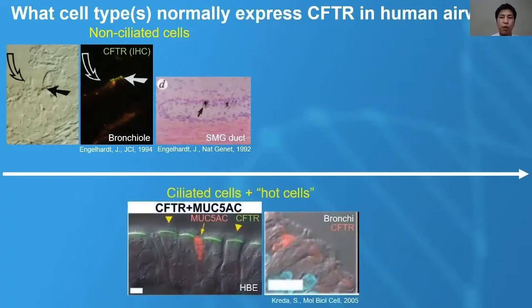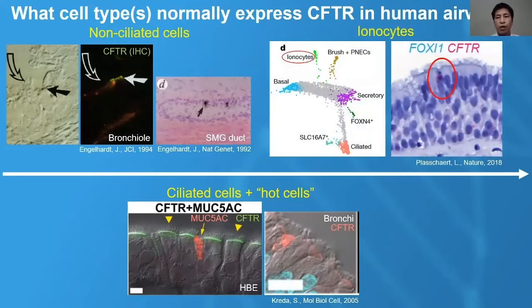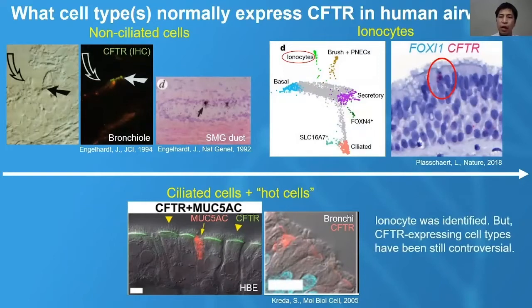Later, an immunohistochemistry-based approach identified CFTR protein expression in apical plasma membranes of ciliated cells, as well as rare hot cells in bronchial surface. Then, recent single-cell RNA sequence studies identified CFTR-rich pulmonary ionocytes in human large airways and submucosal gland ducts. However, the question as to what cell types express CFTR has not been fully addressed.